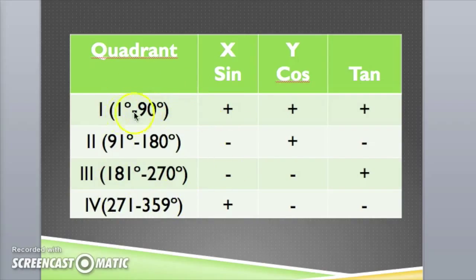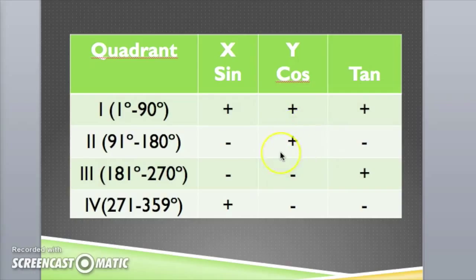For example, in quadrant 1, in which angles 1 to 90 are located, the sine, the cosine, and the tangent are going to be positive. In the second one, from 91 to 180, the sine is going to be positive, and the cosine and the tangent are going to be negative.